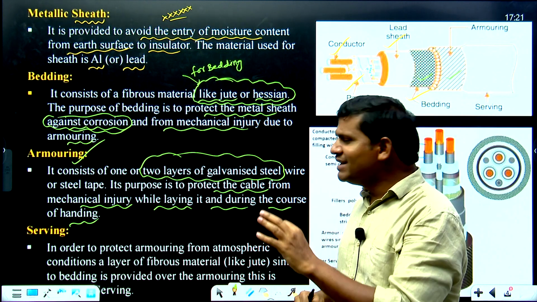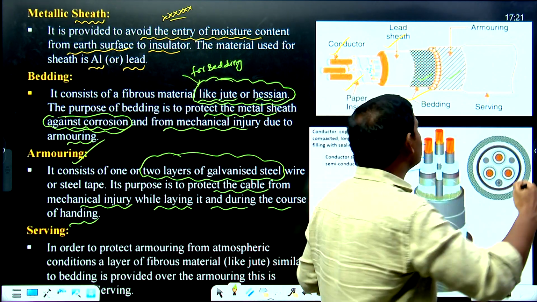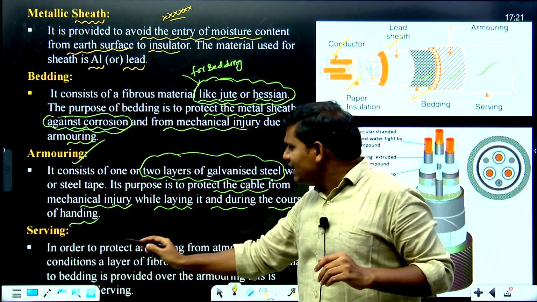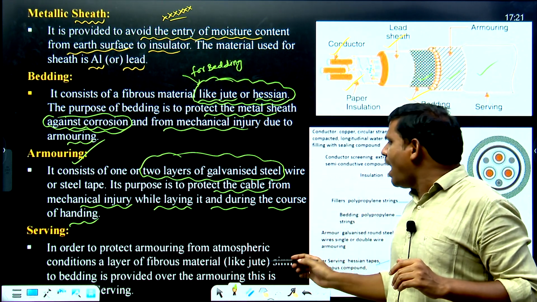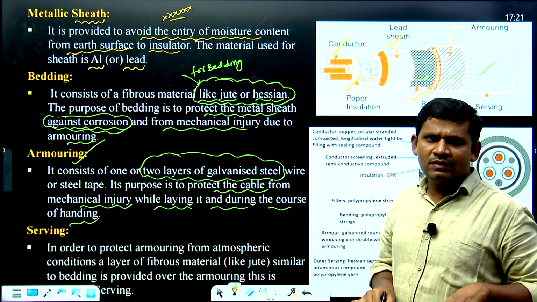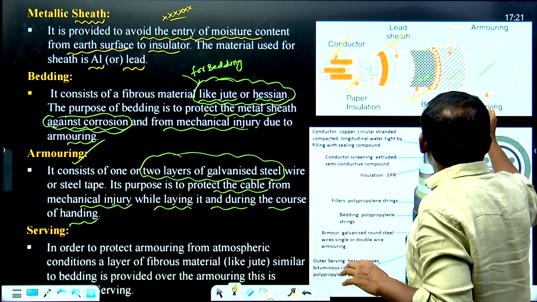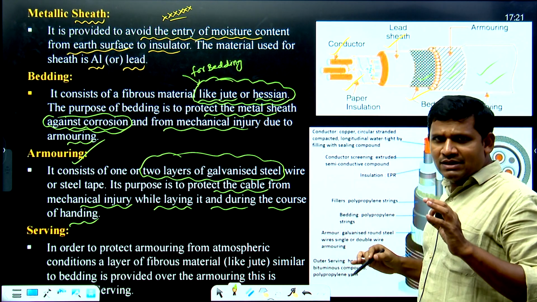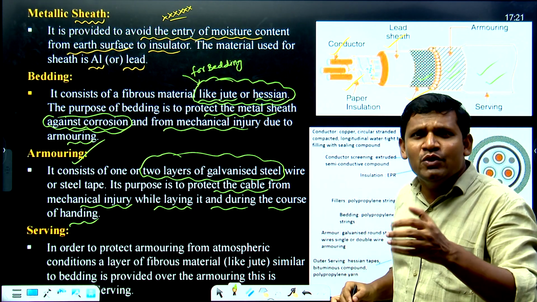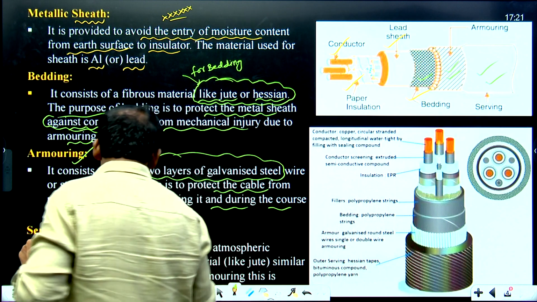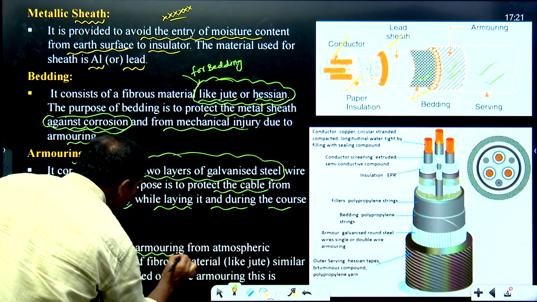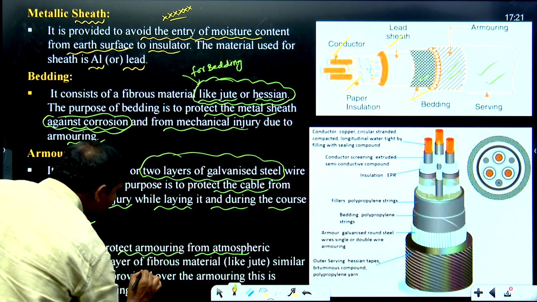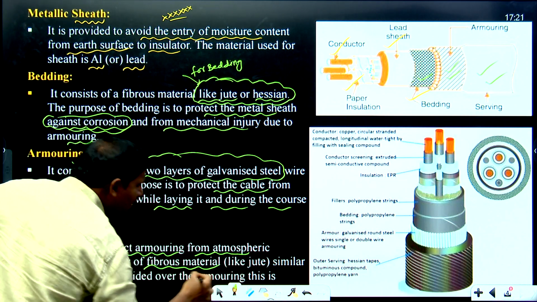The next one is serving. That is the last part, students. The last part of the cable is the serving. In order to protect the armoring from atmospheric conditions, we are using the serving. Then what is the material used for the serving? A layer of fibrous material like jute.